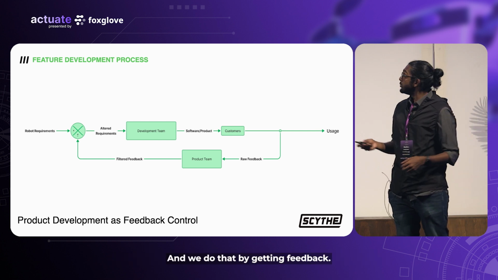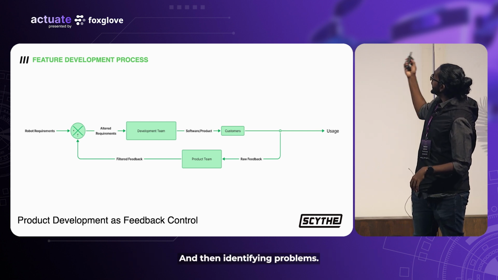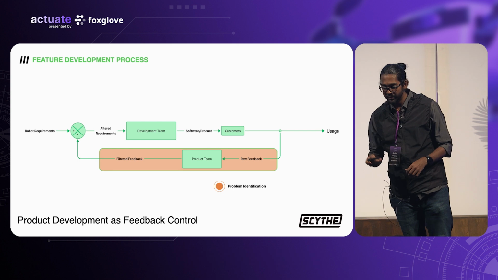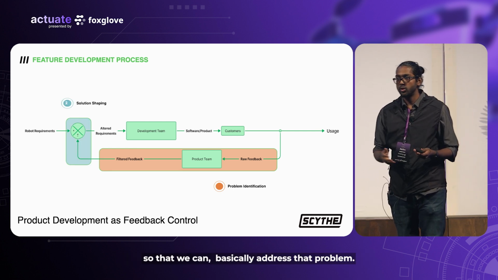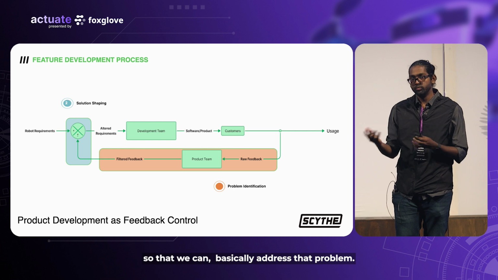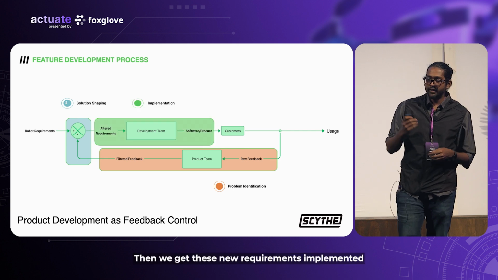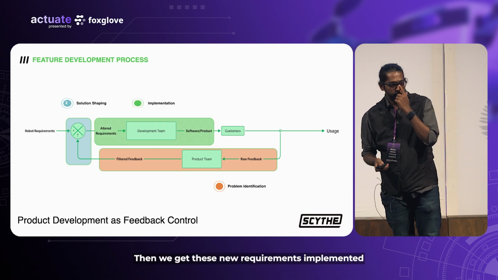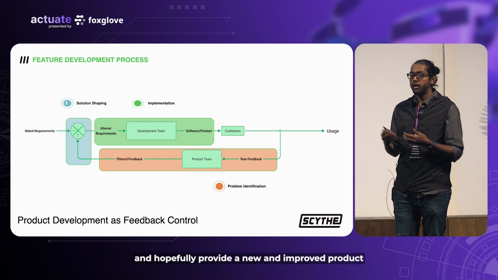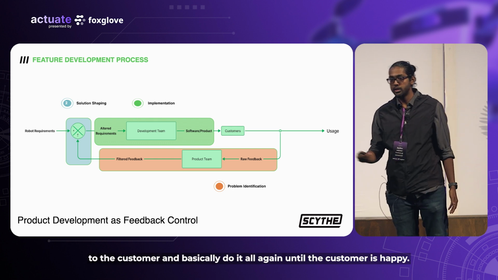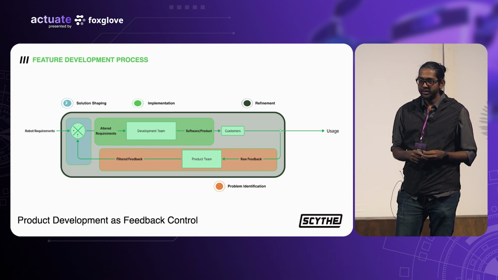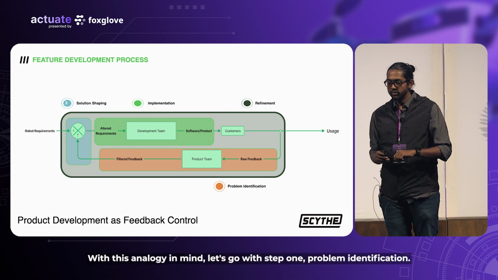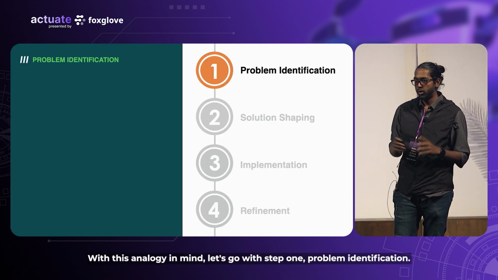And we do that by getting feedback and then identifying problems. Then from these problems, we change our requirements so that we can address that problem. Then we get these new requirements implemented and hopefully provide a new and improved product to the customer and do it all again until the customer is happy. With this analogy in mind, let's go with step 1, problem identification.